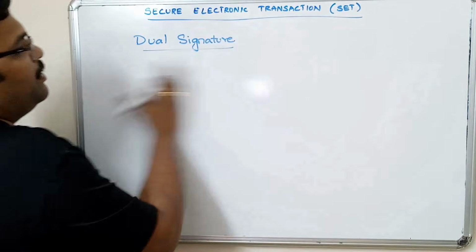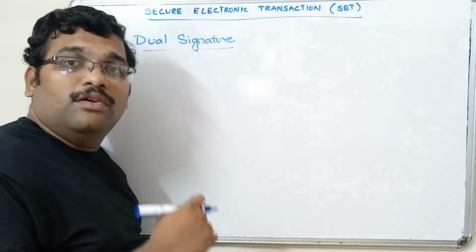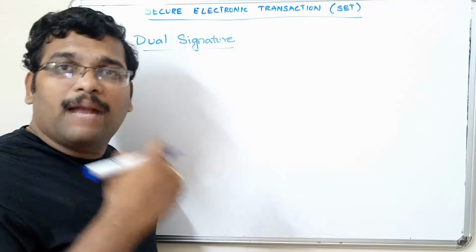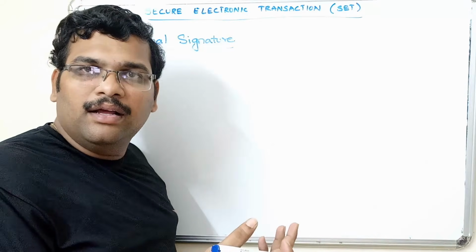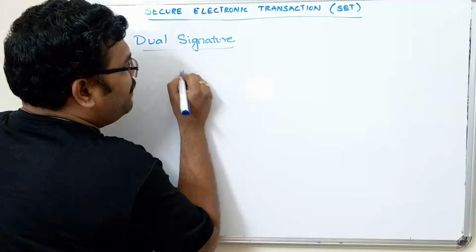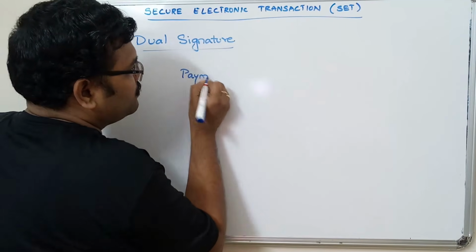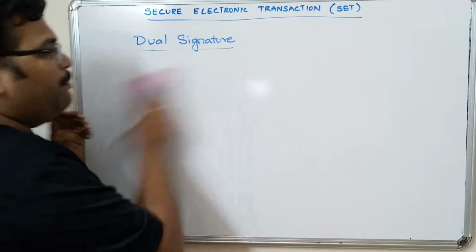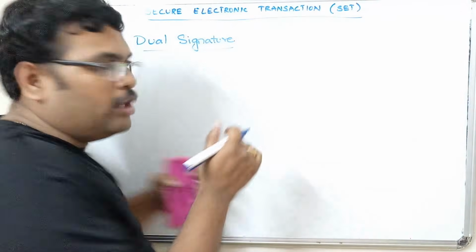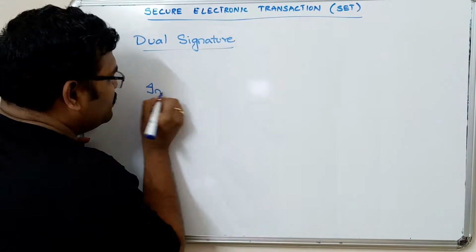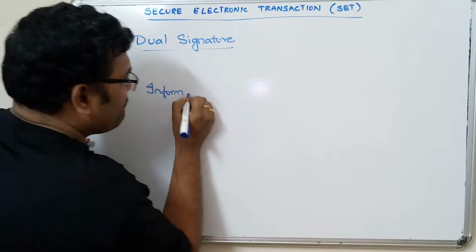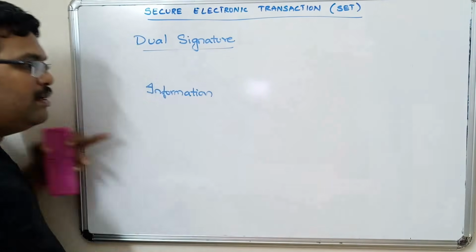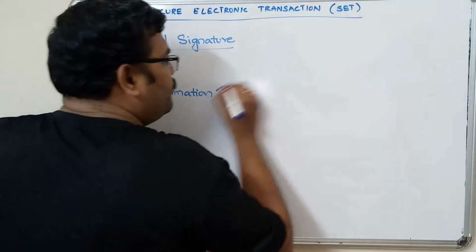So why? Whatever information we are passing while buying the product, while the user buys the product, the user will give some information to the merchant. That information will be divided into two parts.